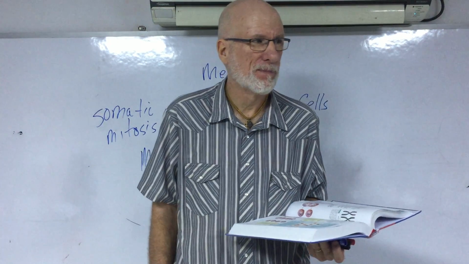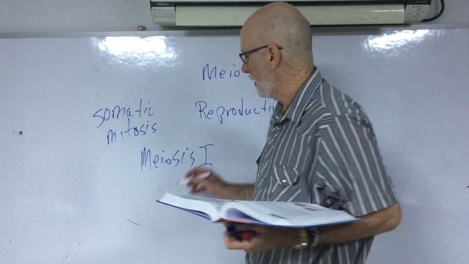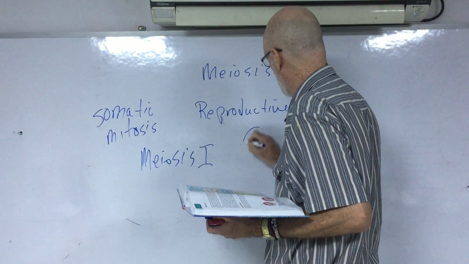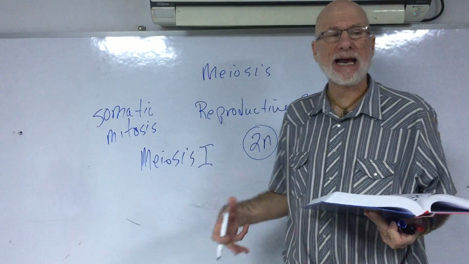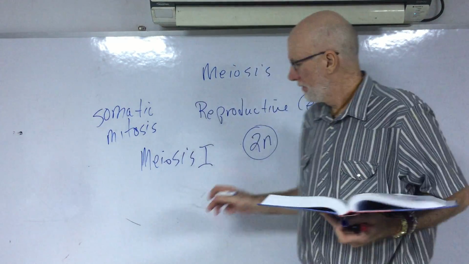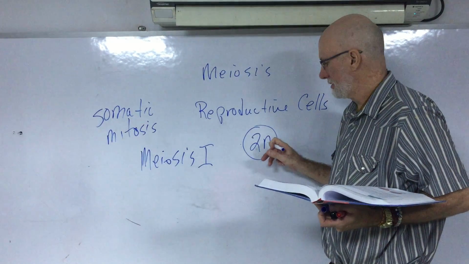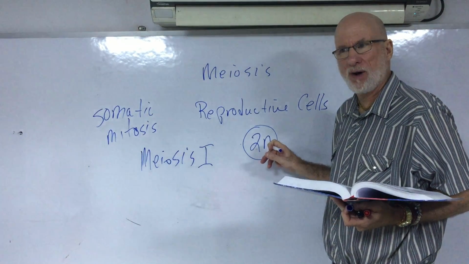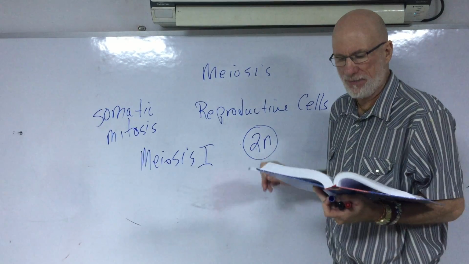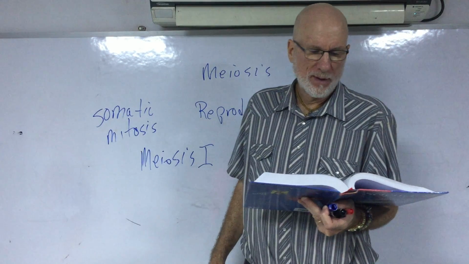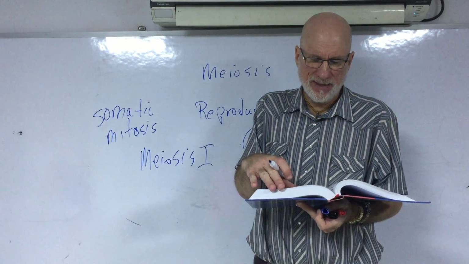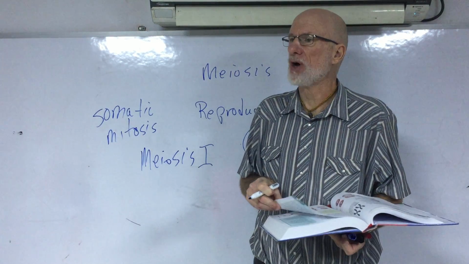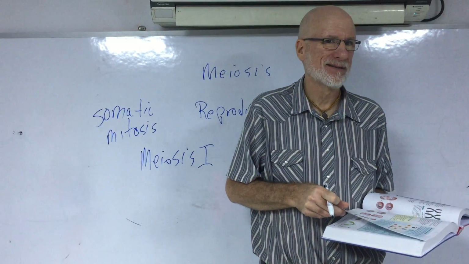What's diploid mean? 46 chromosomes. Yeah, for humans it's 46, meaning diploid has the full complement. 2N, where N is the number of chromosomes in a haploid cell. So in the second phase of meiosis, the chromosomes are actually divided.